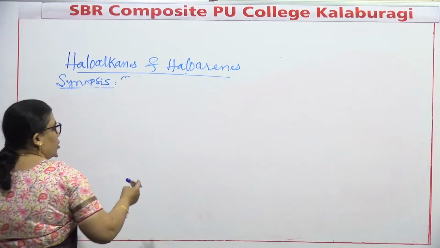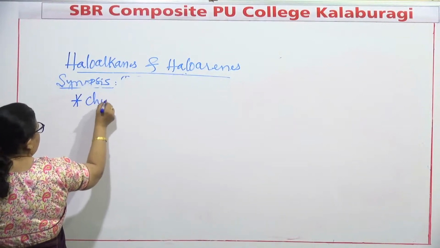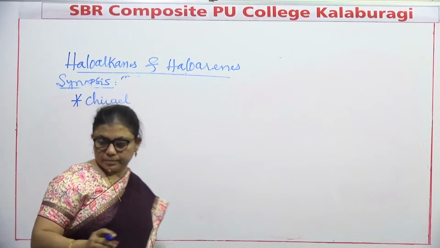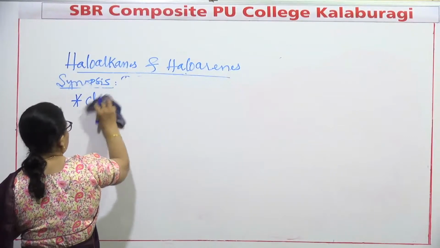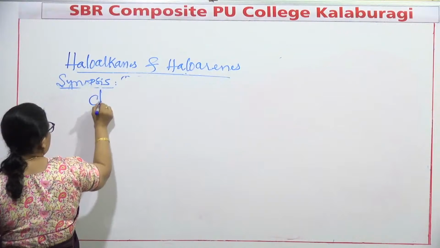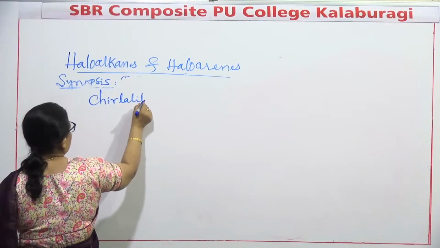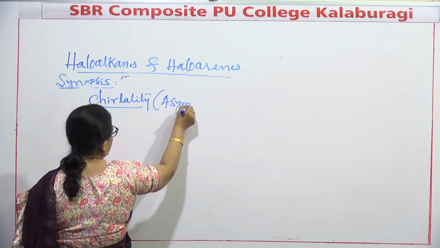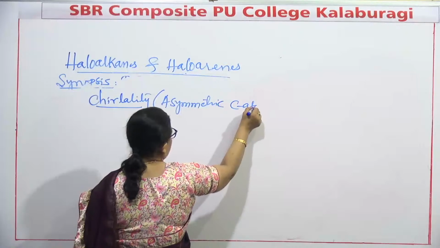What I said? The molecule must contain chirality. It is an asymmetric carbon atom.